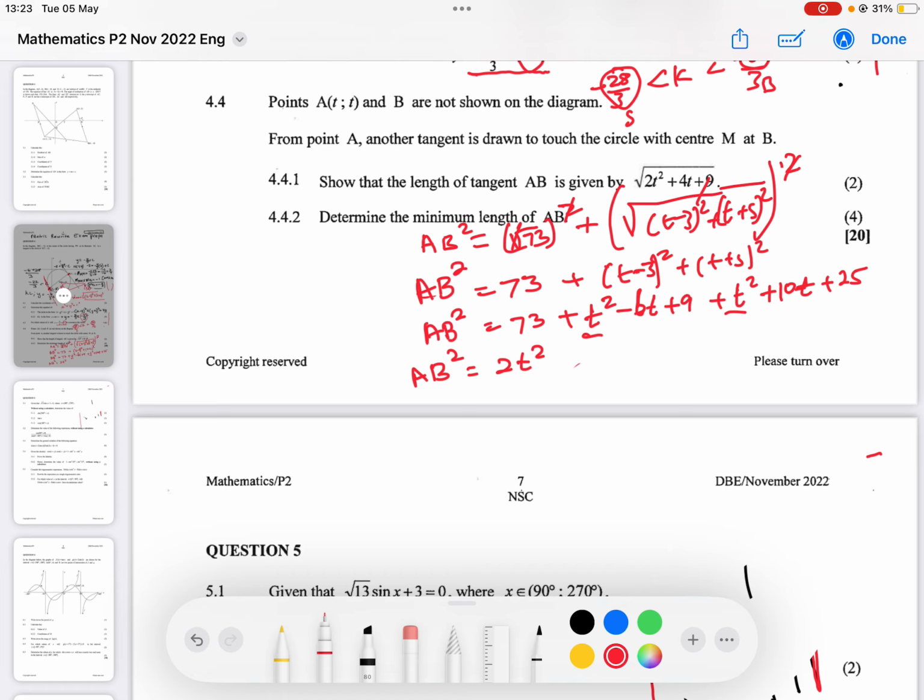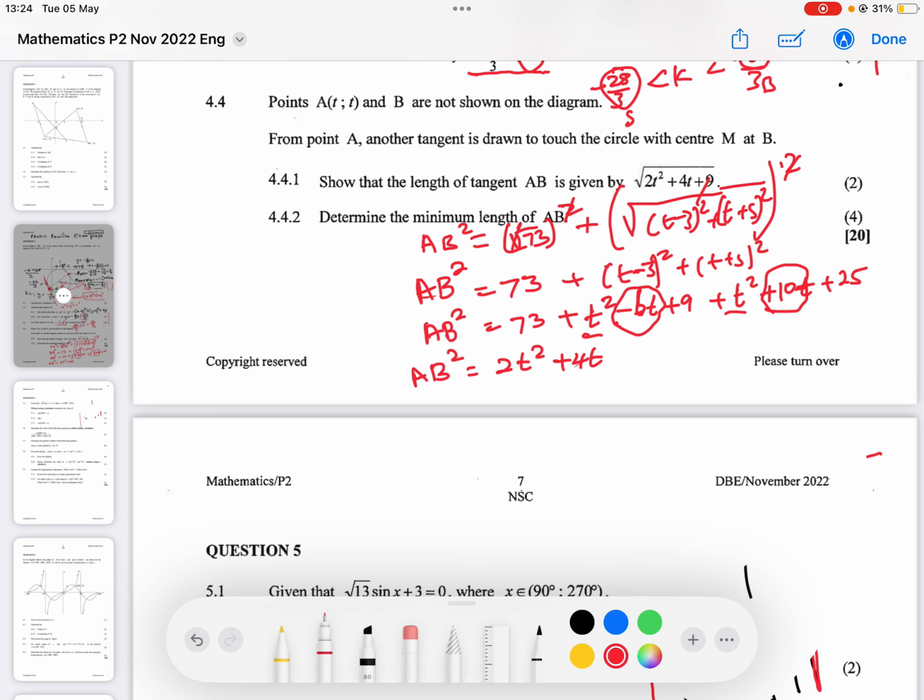Then minus 6t plus 10t gives me a positive 4t. And then 73 plus 9 plus 25 will give me what? 107.